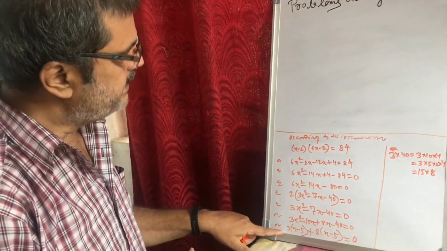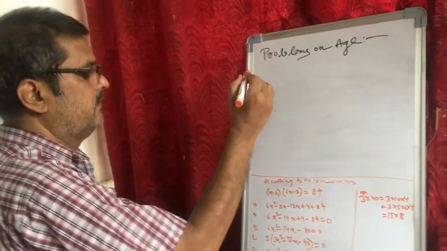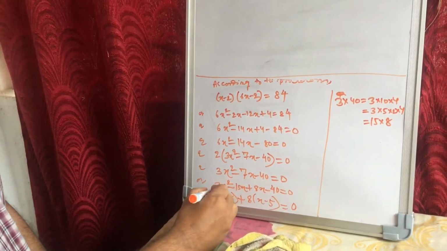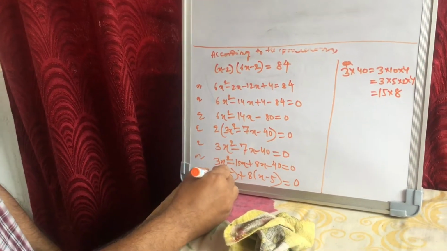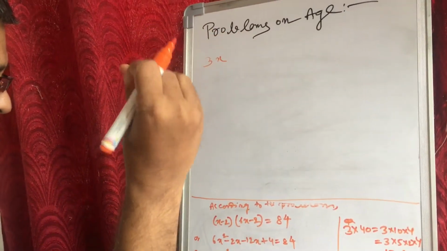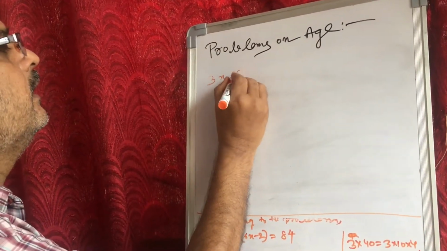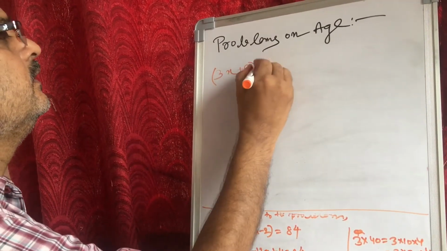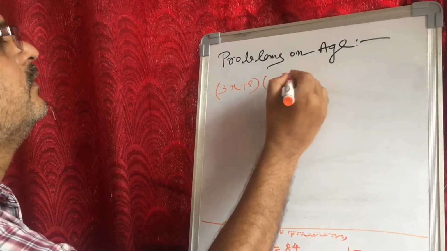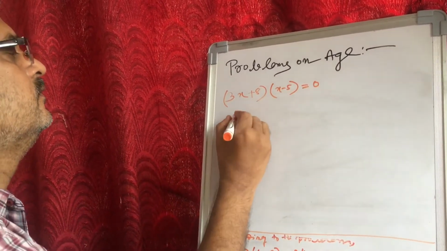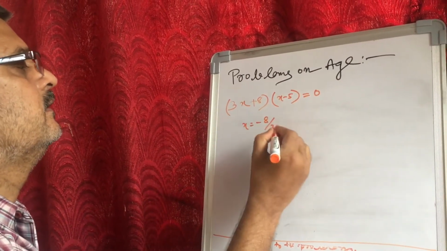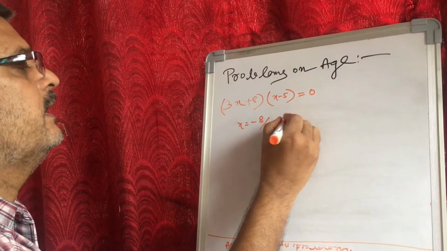Then 3x plus 8 into x minus 5 is equal to 0. So x will be minus 8 by 3 and plus 5.